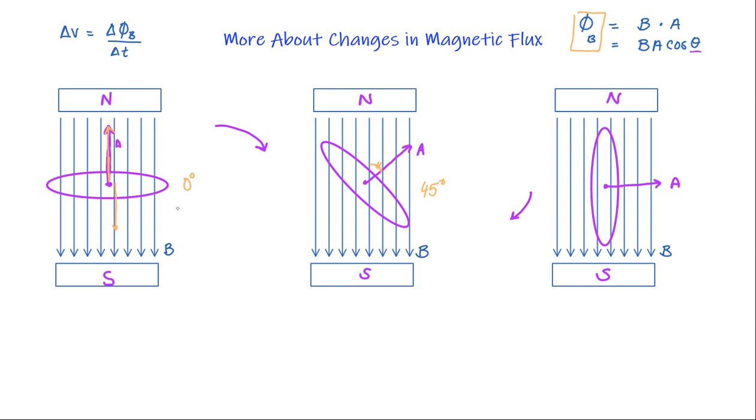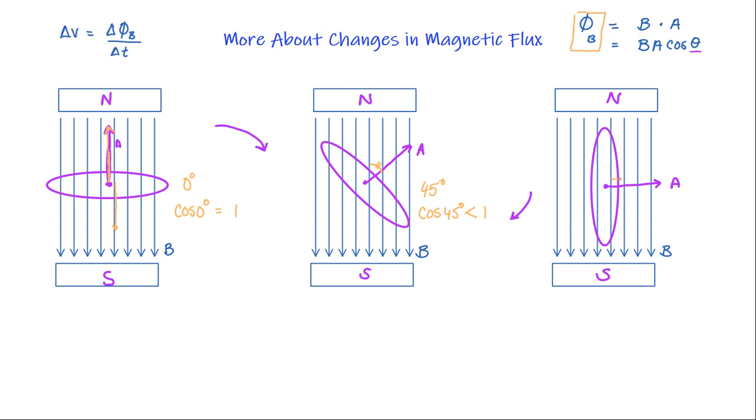If you think about it, the cosine of 0 degrees is going to give me a value of 1. The cosine of 45 will be less than 1, right? If I put here the cosine of 45 degrees, that's going to be a value that is less than 1. So we can see that the amount of magnetic field passing through the loop, or the flux, is decreasing as we work our way across.